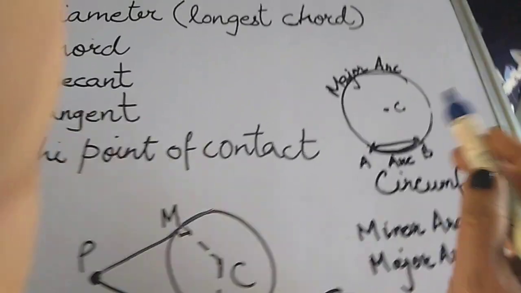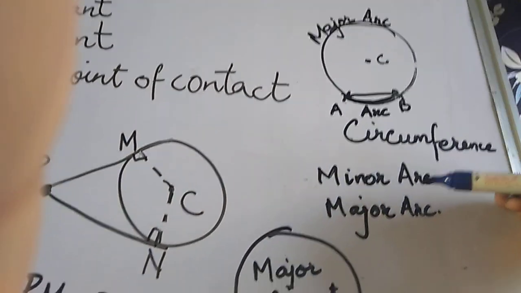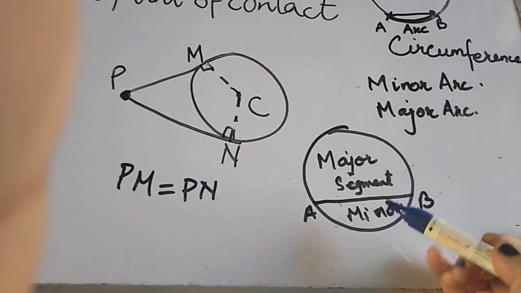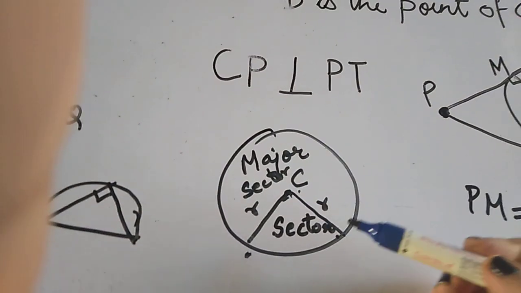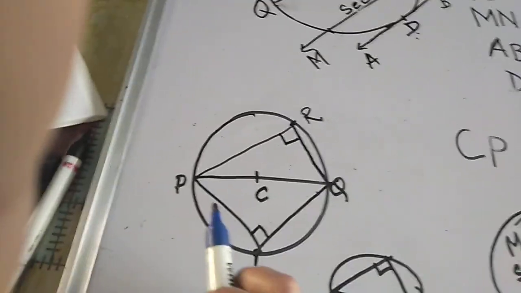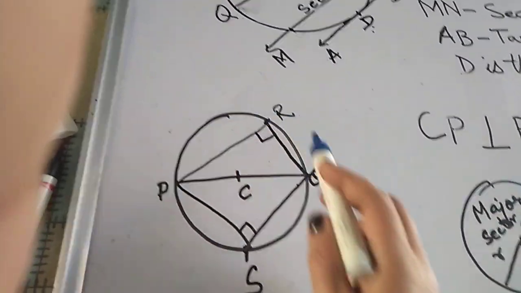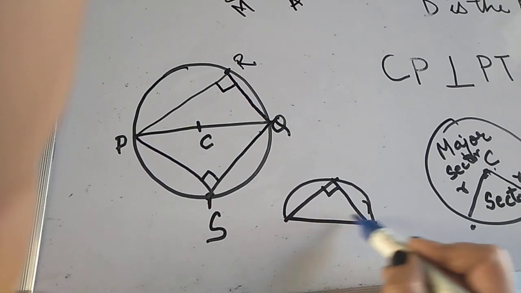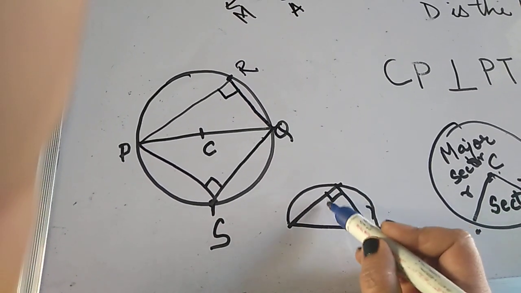Then I told you about arcs, minor and major arc. Then I told you about segments, minor and major segment. Then I told you about sectors, minor and major sector. Then I told you that the angle in a semicircle is a right angle.